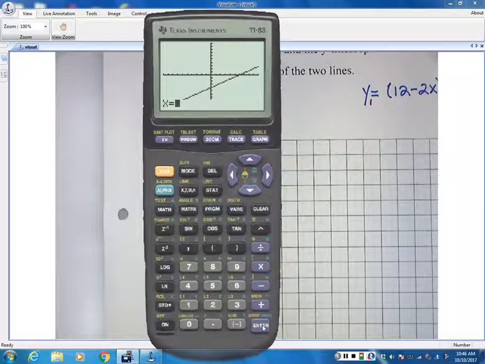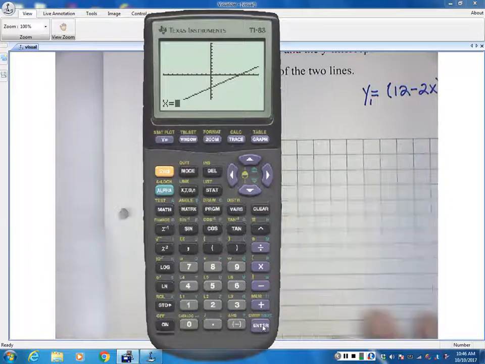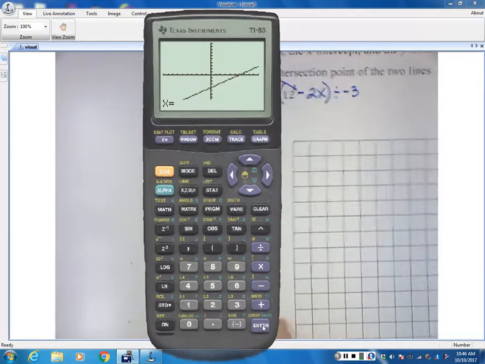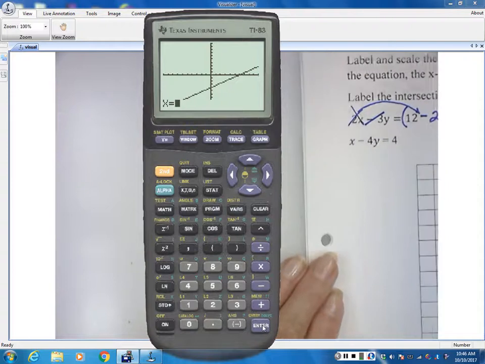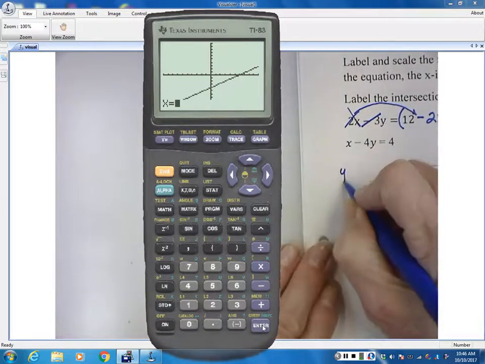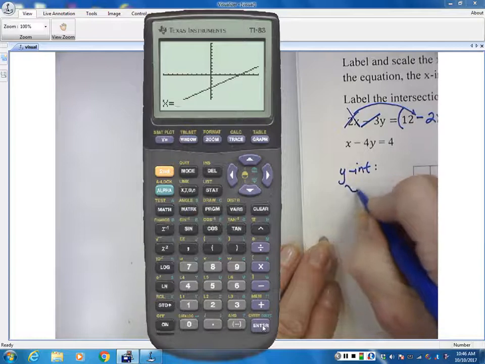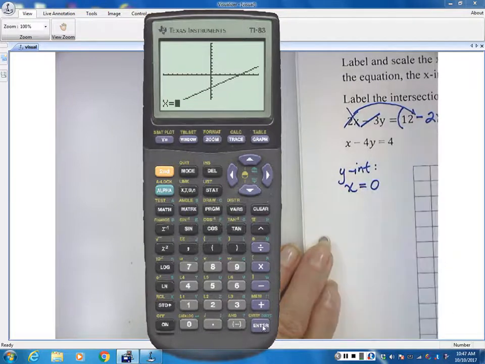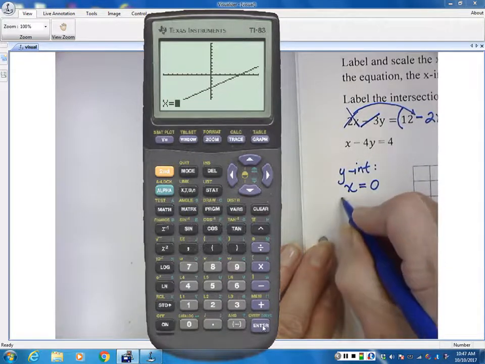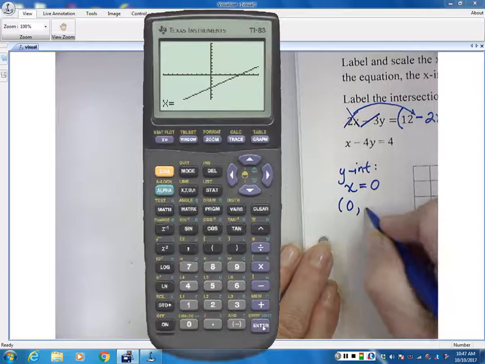The Y-intercept, let me pull this off to the side and write this down for you. Your Y-intercept is where X equals 0. Your Y-intercepts always look like 0, comma, some kind of a Y value.